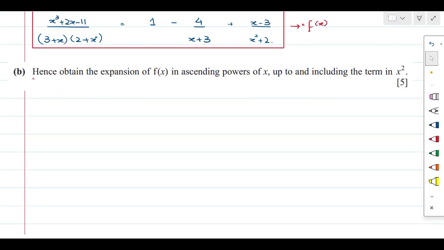Now for part B, hence obtain the expansion of f of x in ascending powers of x, meaning the increasing powers of x, up to and including the term in x square, meaning the constant, x and the x square term. So we have to do the expansion of f of x. Here we have to do the binomial expansion.